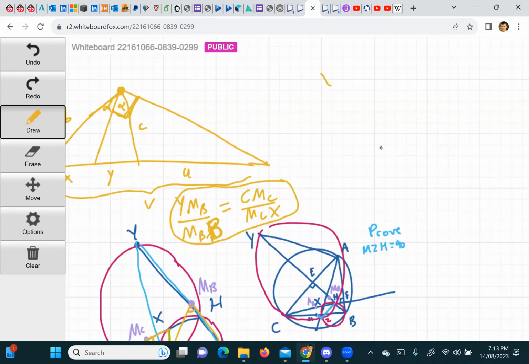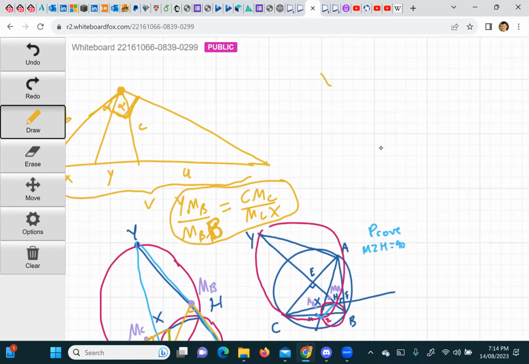Hold on. How do we do this? Times it by 2. Wait, is this the right ratio? Okay, so times it by 2. So MB times by 2 is BE.